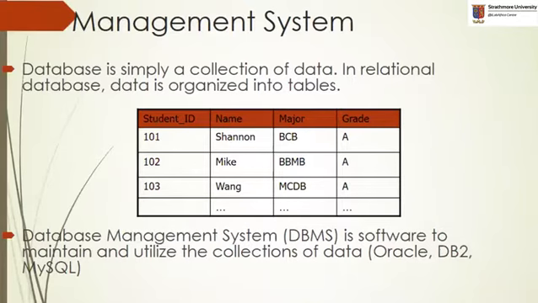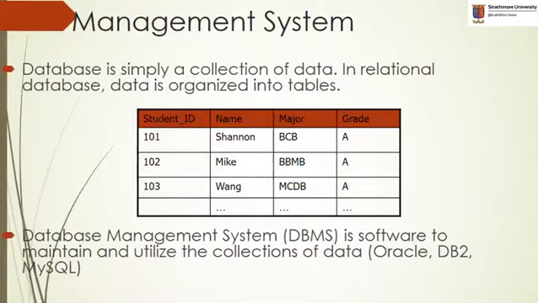So as you can see there, we have an entity. The entity in this case is a student, and this student has what we call attributes. The attributes for this student are something like a student ID. The student also has a name. We also have what the student is majoring in, and also the grades that the student gets.